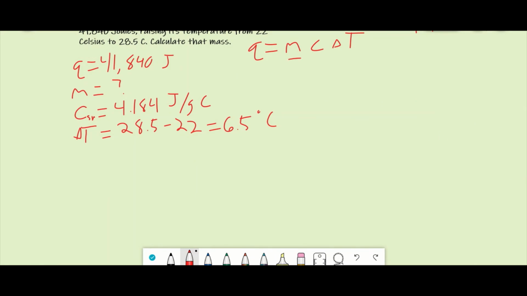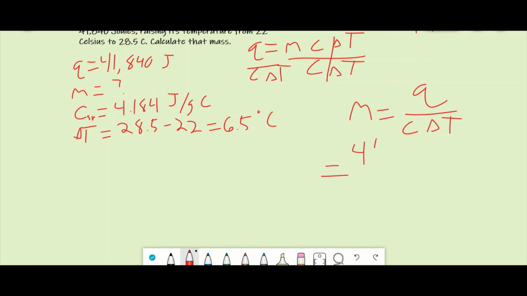The way we do that is we divide both sides by C delta T. And so what we get is M is equal to Q over C delta T. Now we can just plug it into the equation. We know our Q is equal to 41,840 joules. I'm going to use the units this time. And we know our C is 4.184 joules per gram Celsius.